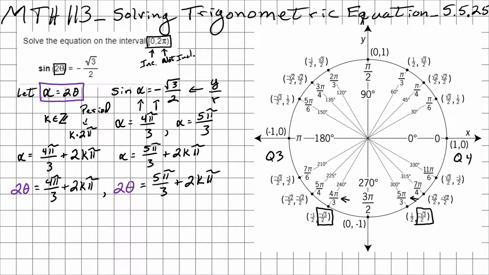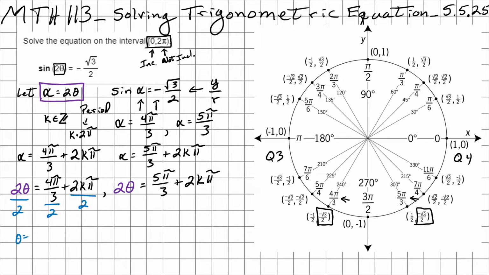Since this is 2 theta, I want to divide everything by 2 because I'm just looking for theta. That's all I want. So we'll divide everything by 2.